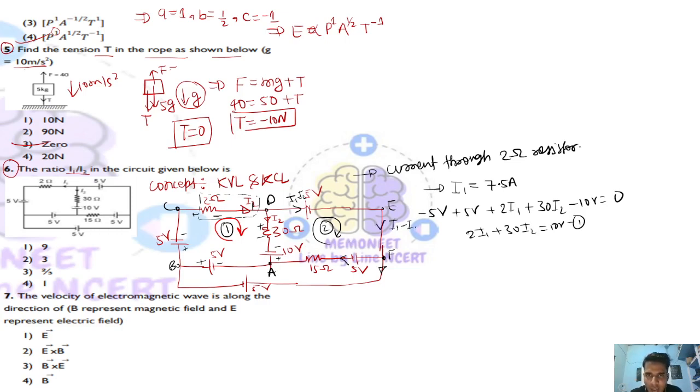I1 minus I2 current will come here, and it goes in this way, like here it is I2, here it is I1 minus I2. In the circuit it will go like this.